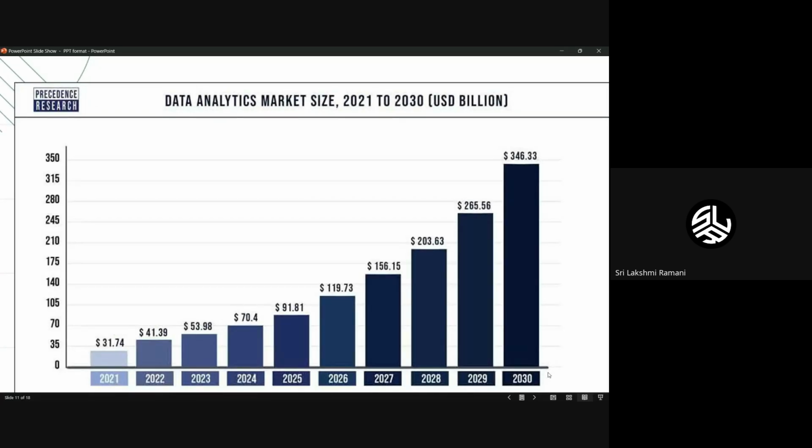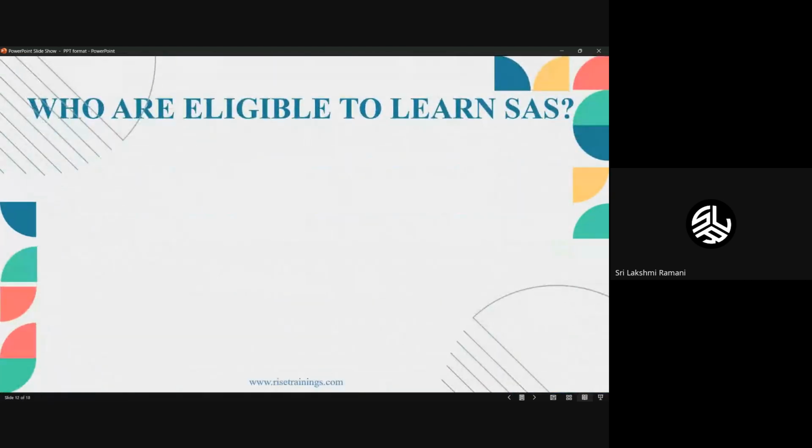See, if you look at the graph here, it is gradually increasing, not at all decreasing. It is very evident that SAS is evergreen. As long as life science exists, SAS will definitely exist, and we SAS programmers will definitely exist.